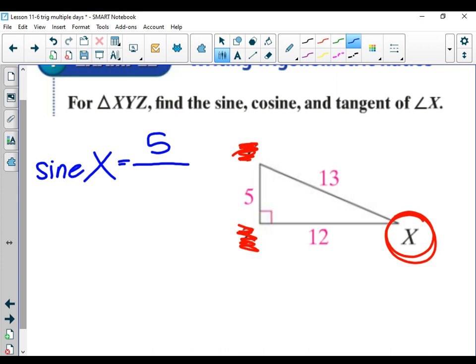Sine says put the hypotenuse on the bottom. The hypotenuse has not changed since yesterday or Monday or last Friday. The hypotenuse is still the same. My ratio is complete. How's it 13? The hypotenuse, always the longest one.